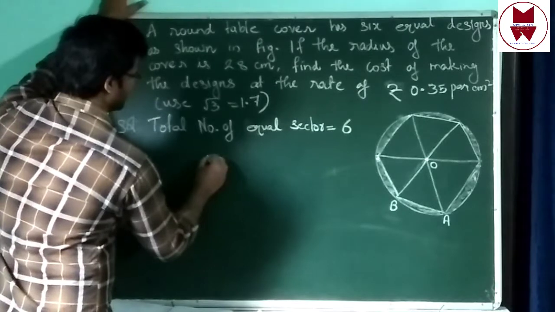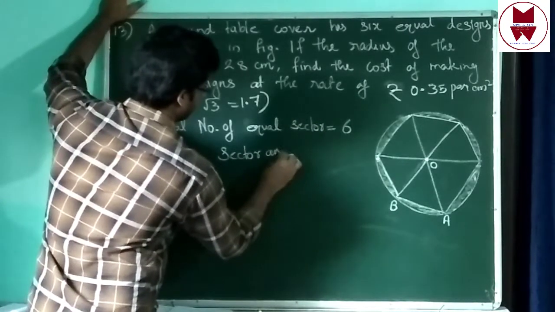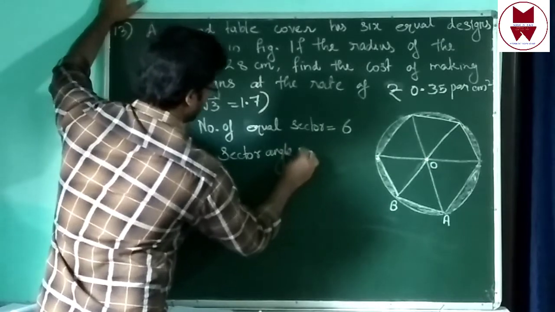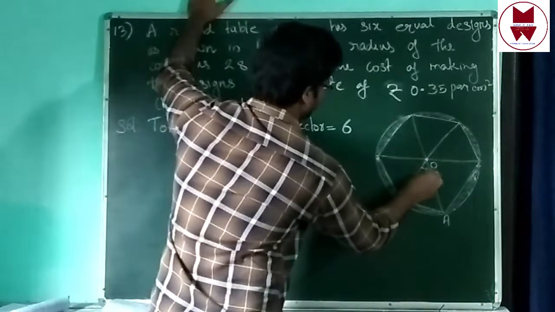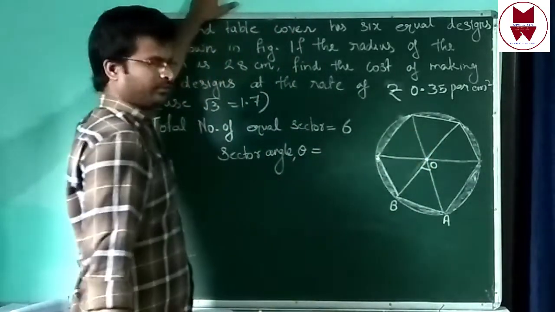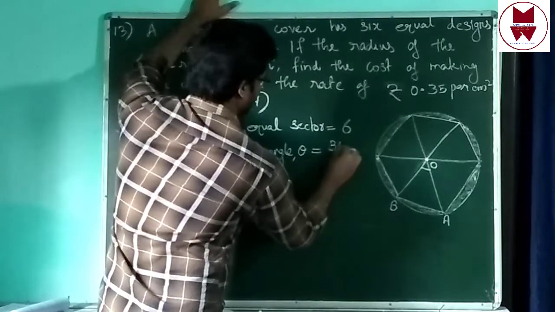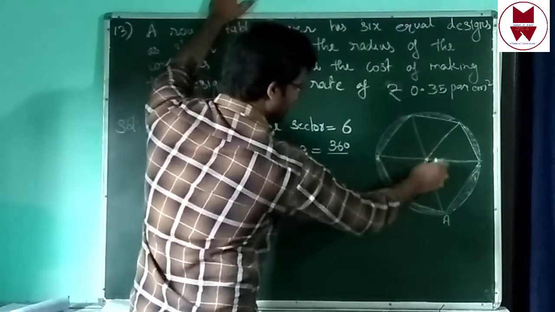Then sector angle theta equal to, what is the sector angle here? You know the total circle is 360 degree. Then that 360 we are dividing equally into 6 parts.